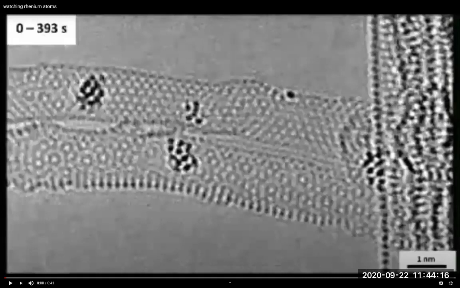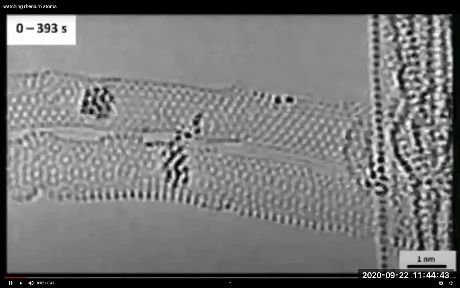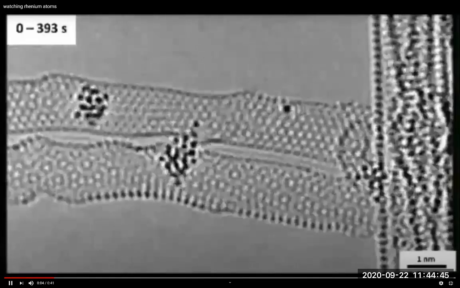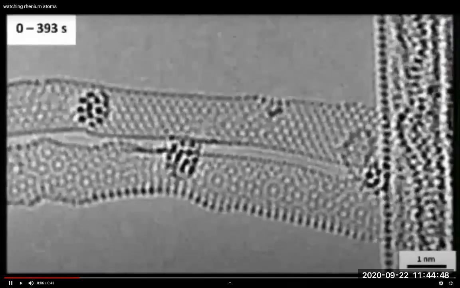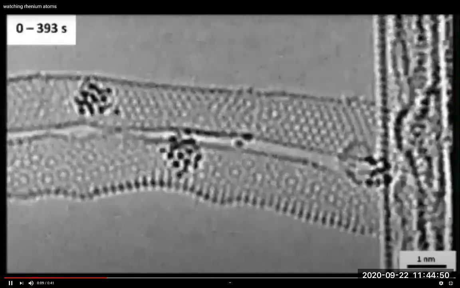So focus on the right side of the image, where right now it looks like one dark dot, but there will be two there. Don't look at the groups of 10 or 12 dots. Focus on the single black dot here at the top of the second nanotube. So if you look here, you see those two atoms. Sometimes one is hidden because it's behind the other, but they are bonded here and they move.